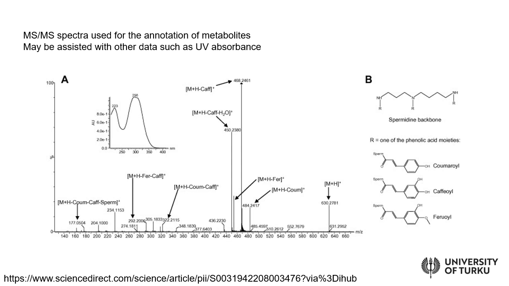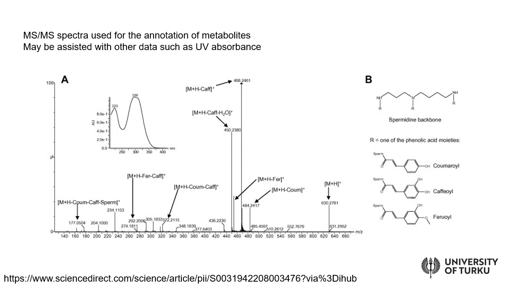So in some cases you need to spend quite some time looking at the spectrum and really calculating what kind of pieces there are and how much the molecule is losing from different sides, and then compare that against different databases and try to elucidate the structure. And especially in the case of plant-based compounds, as it is here, many of those also have ultraviolet absorbance.